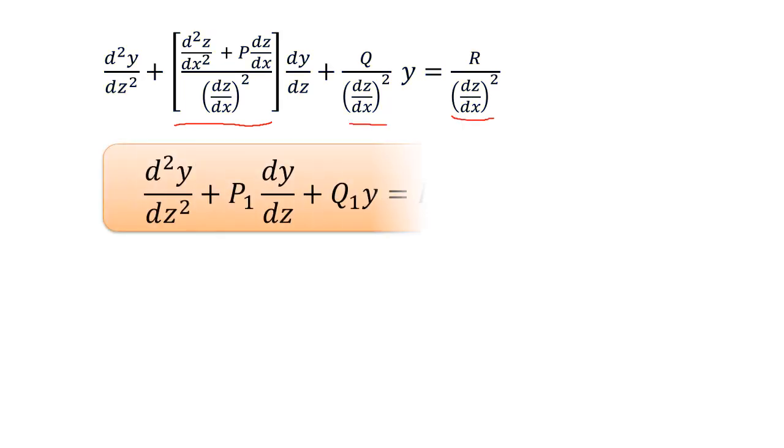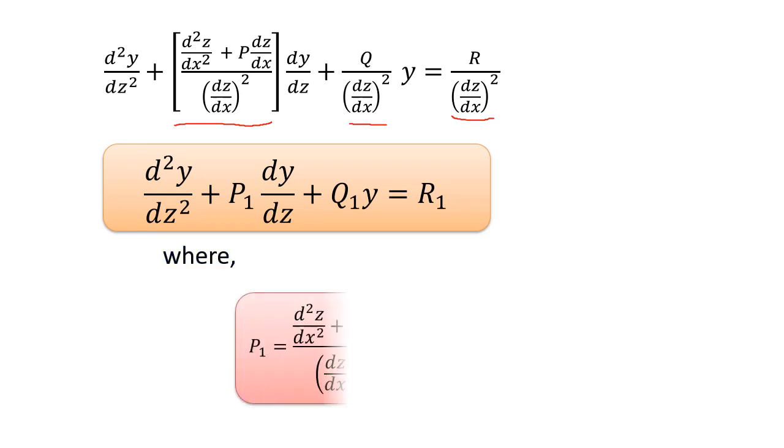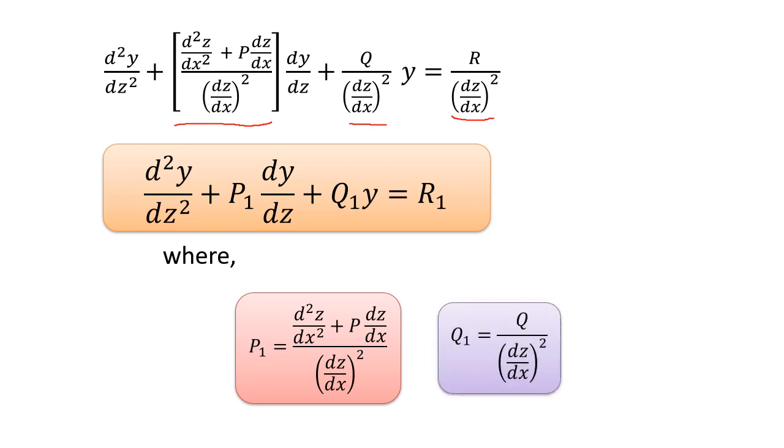Therefore, we get d²y/dz² + p1 dy/dz + q1 y = r1, where p1 = [d²z/dx² + p dz/dx]/(dz/dx)², q1 = q/(dz/dx)² and r1 = r/(dz/dx)².